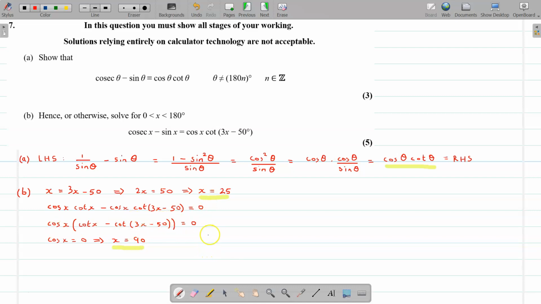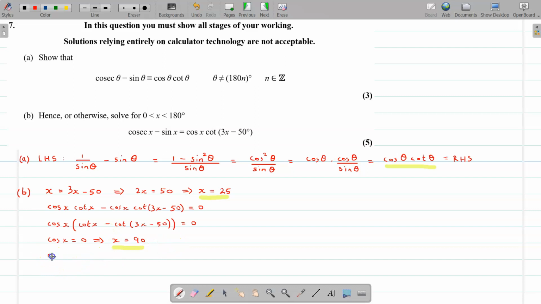But there's another solution, and if you were to put this on the graphic calculator, you would see that, okay? And what I'm going to do is I'm going to consider now that the cot graph, like the tan graph, repeats every 180 degrees. So if cot of x equals cot of 3x minus 50, then I can also say that cot of x plus 180.